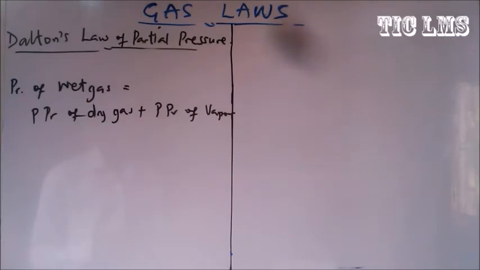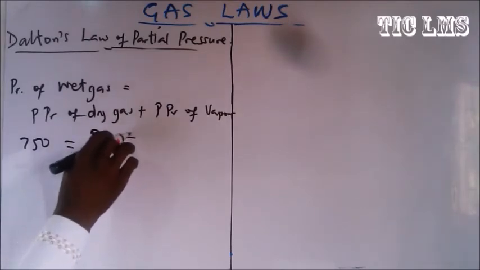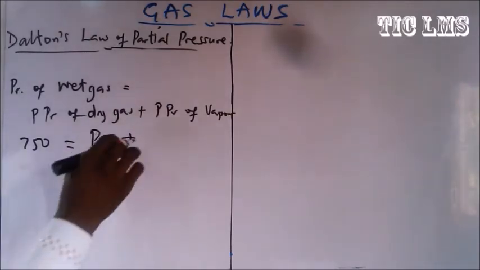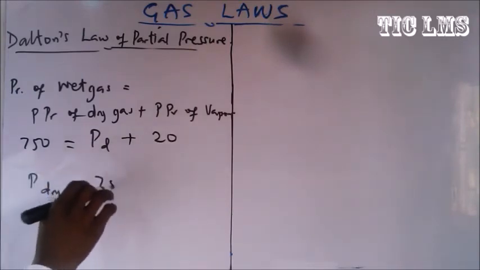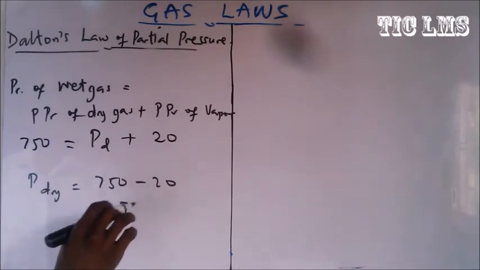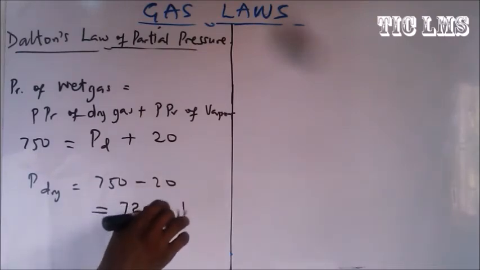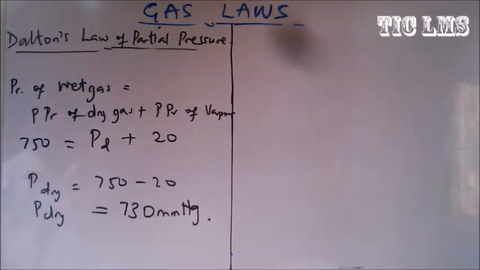We're told that the wet gas has a pressure of 750, equal to pressure of the dry gas plus pressure of vapor, which is 20. And so pressure of the dry gas will be equal to 750 minus 20. And so that will give 730 millimeter mercury as the pressure of the dry gas.